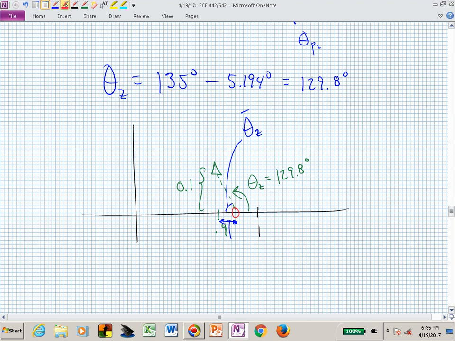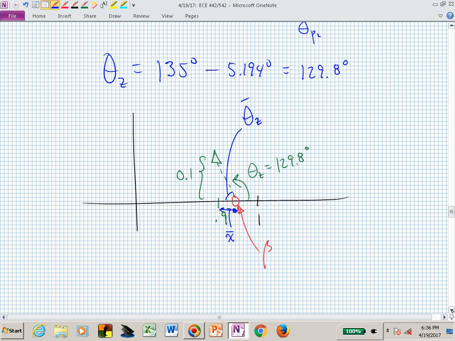This is at beta, and I want to know what is this distance x bar that I have to move to the right from 0.9 to get me my beta. And I can find that x bar from trig. Once I have x bar, I can use 0.9 and x bar to find beta. Is that clear?